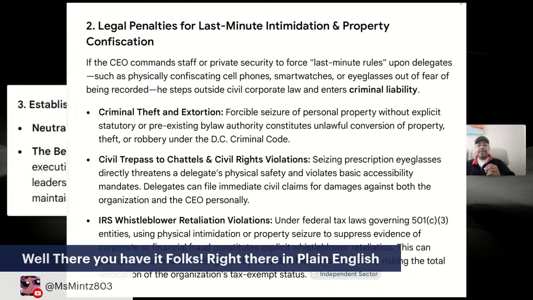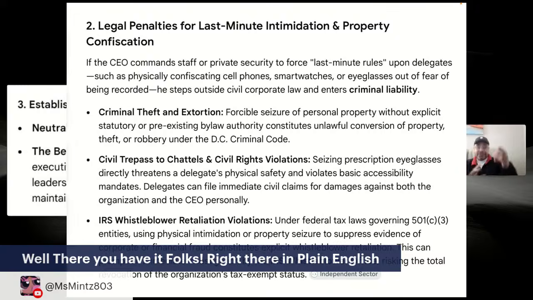Now, if the CEO commands staff or private security to force last-minute rules, there are legal penalties for last-minute intimidation and property confiscation.